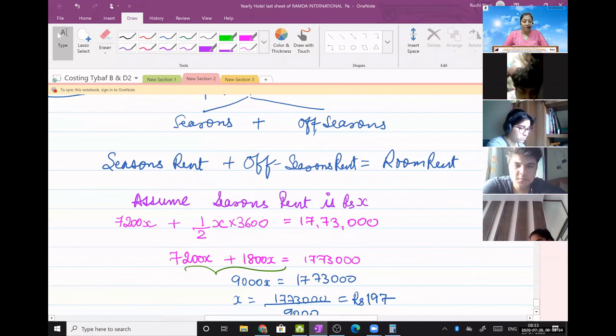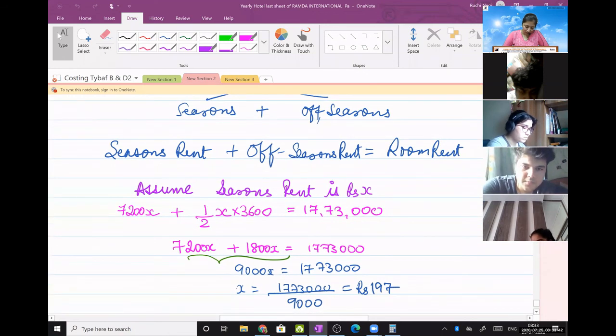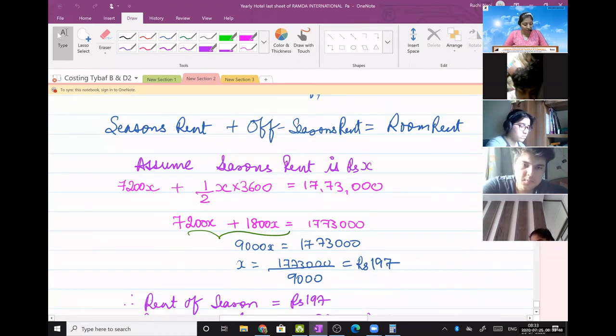Then assume season's rent to be rupees X. I hope आप लोगों को मैथ्स आता है, लीनियर इक्वेशन सॉल्व करने को आता है, right? 7,200x. समझा ना? How do you get 7,200x? Selling quantity multiplied with selling price वाला concept. And off season's rent is half of X, that is my selling price, and 3,600 is my selling quantity.